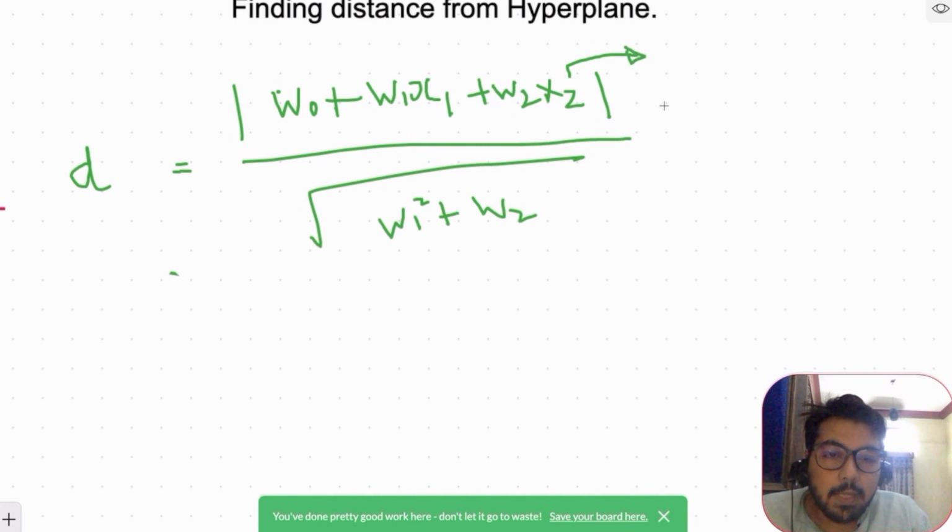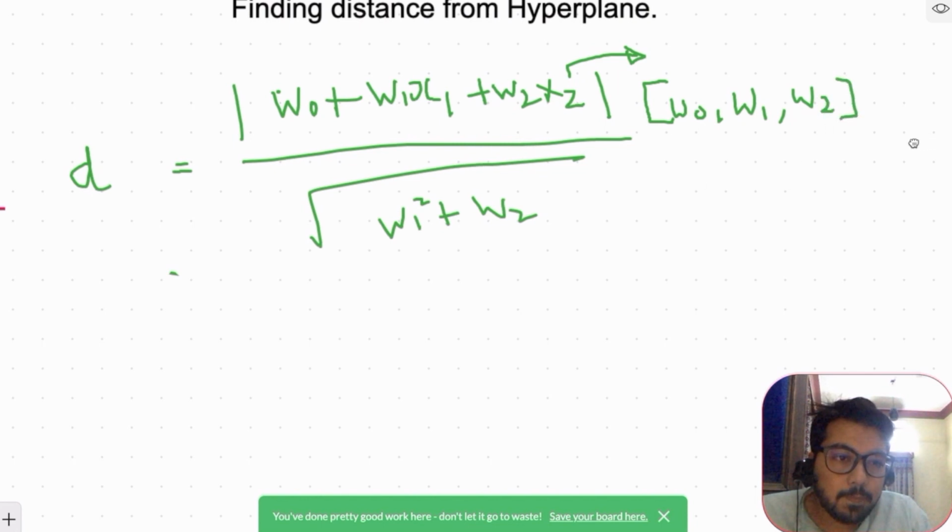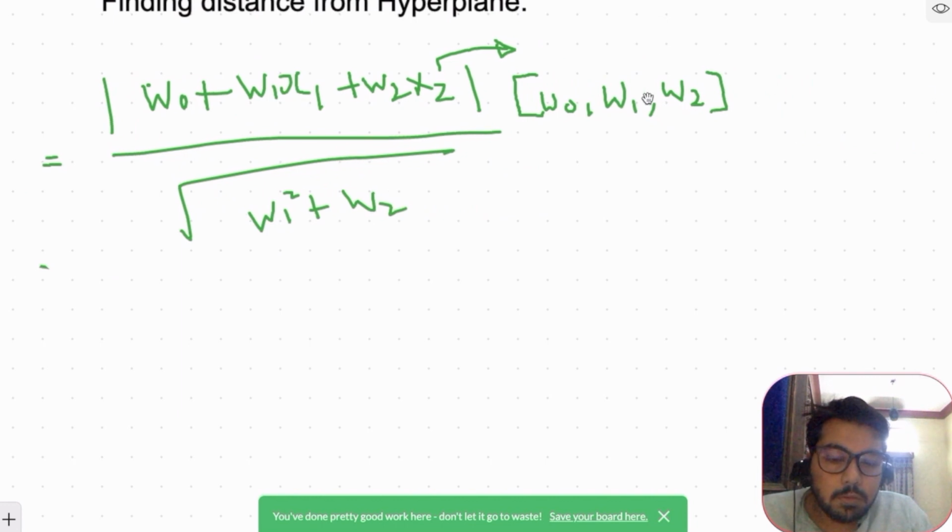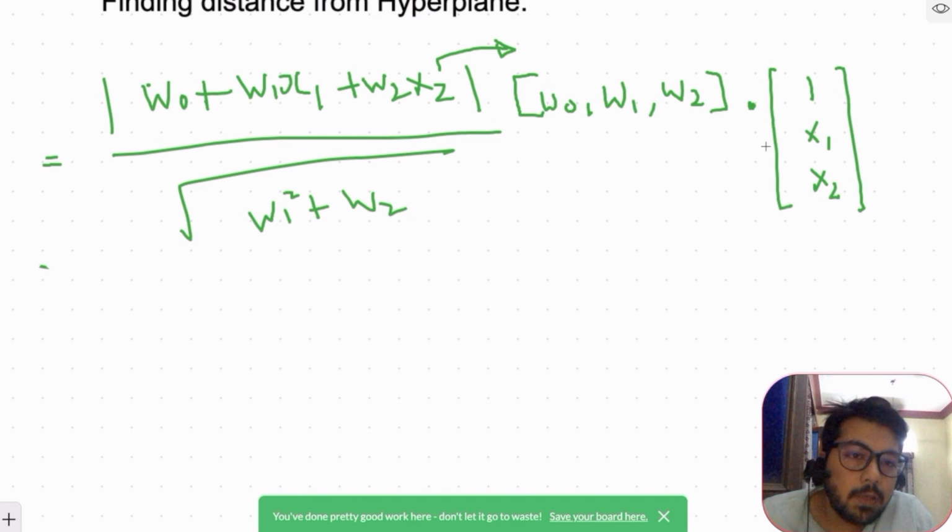So can I write it like this: the vector (w0, w1, w2) dot (1, x1, x2)? Yes, sure.